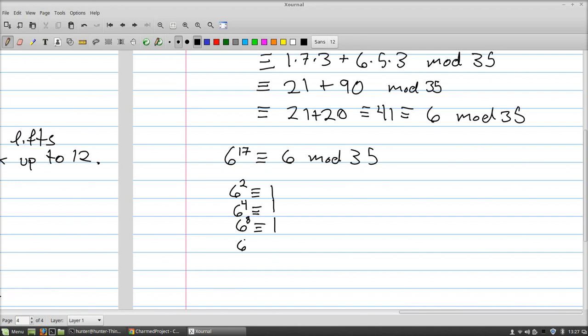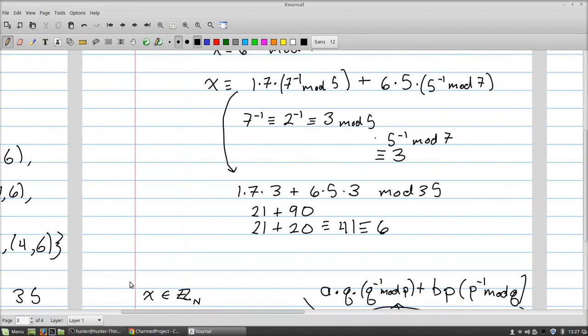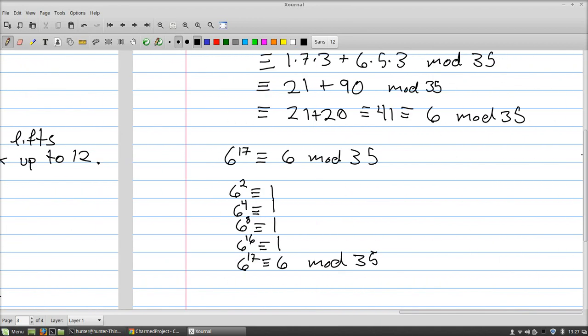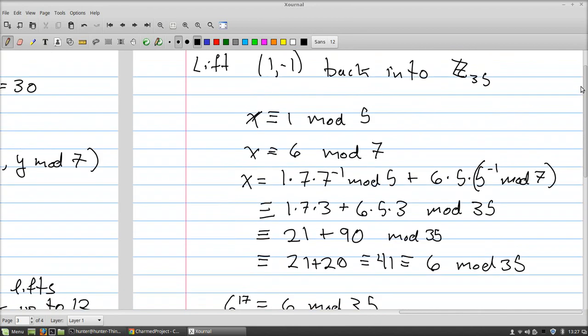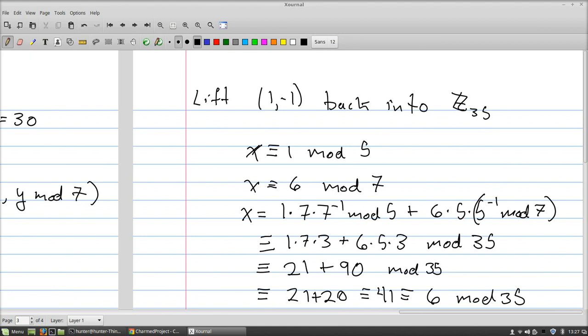So squaring the previous one, you get 6 to the 16 is 1. So now I multiply both sides by 6, and I get 6 to the 17th is congruent to 6 mod 35. Okay, so it worked. All right, and I think we know everything we need to know about the Chinese remainder theorem, so I'm going to stop the video.